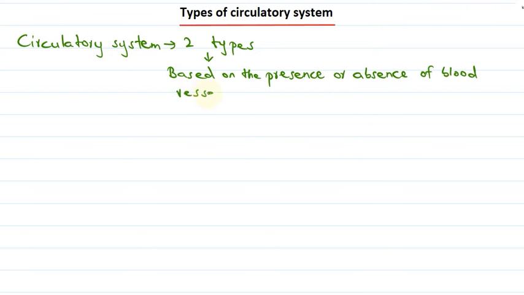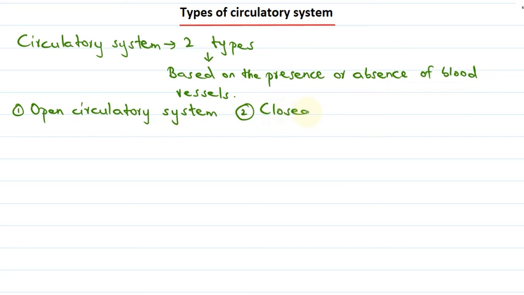So based on the presence or absence of blood vessels, the circulatory system is of two types. One is the open circulatory system, and the second type is the closed circulatory system. So this classification of two types of circulatory system is based on the presence or the absence of blood vessels.